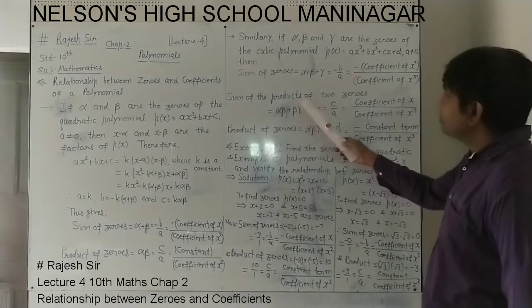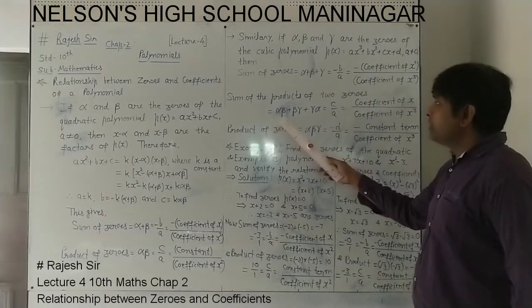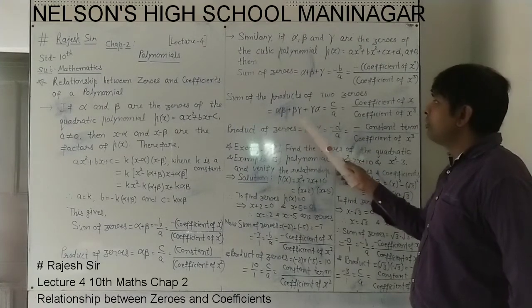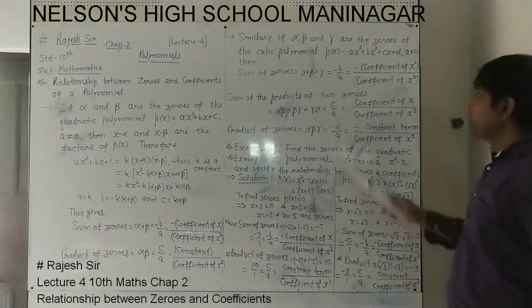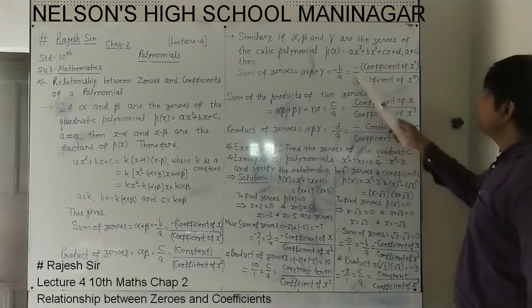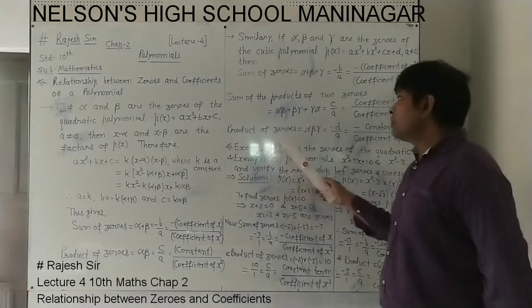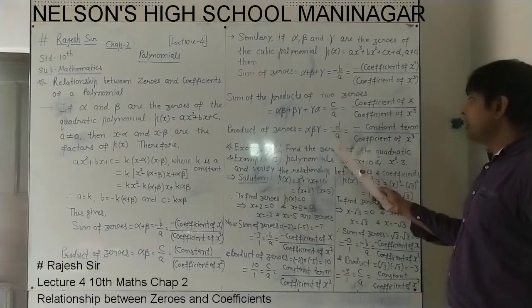Sum of the products of two zeros: it is like alpha beta plus beta gamma plus gamma alpha. This is called the sum of the products of two zeros, equal to c upon a. What is c in this case? The coefficient of x, upon a, which is again the coefficient of x cube. Now simply the product of zeros is alpha into beta into gamma, and it will be minus d upon a.